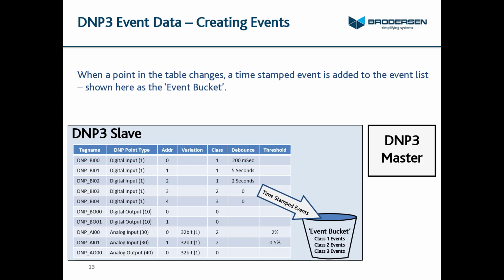So the RTU's job in life is to monitor the points. If it sees that a point has breached any of the event rules, then it simply puts an event in the bucket, either waiting for the master to read those events or watching to see if the unsolicited reporting rules have been breached. Should I unsolicit some or all of this data?